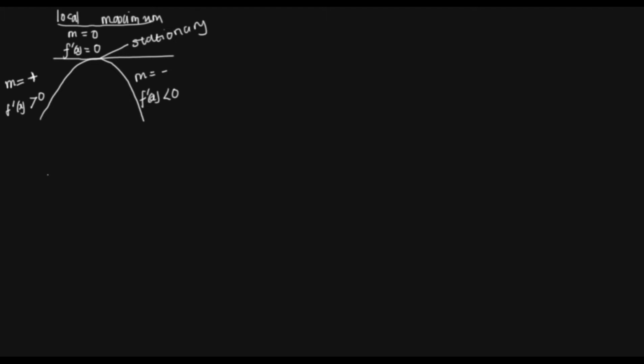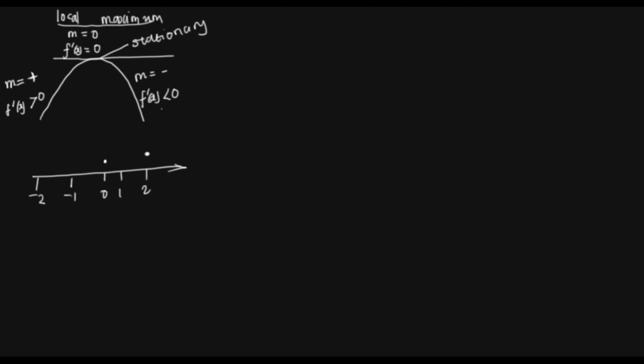Now, if we have a number line where, let's say we have 0, 1, 2, here we have -1, let's say we have -2. As we can see, to the left side of the stationary point, let's assume the gradient is equal to 2. Then if we move, we are going to have where the gradient is equal to 0.